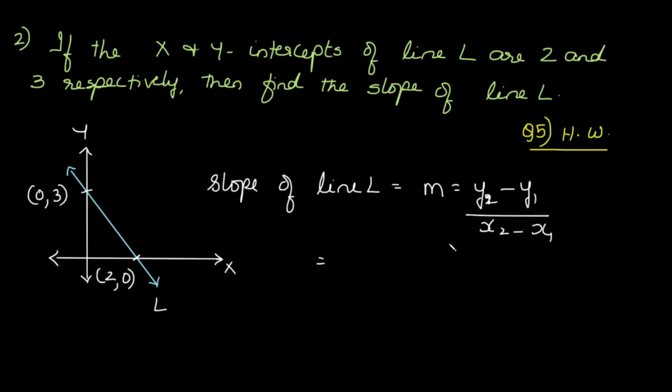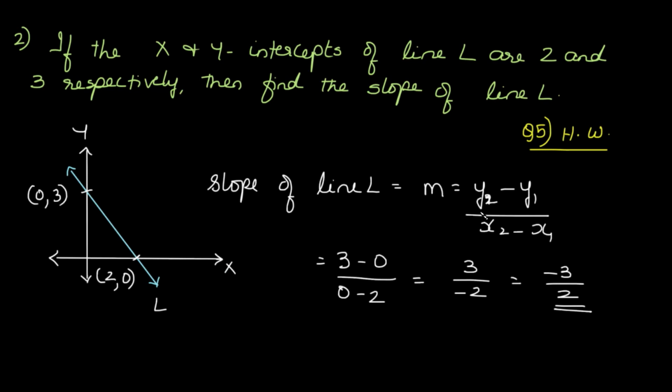Think about it. So y2 minus y1, suppose we take this point as x1, y1 and this point as x2, y2. So we have 3 minus 0 upon 0 minus 2, which comes out as 3 upon minus 2, which can be written as minus 3 upon 2, and this becomes the slope of this line.